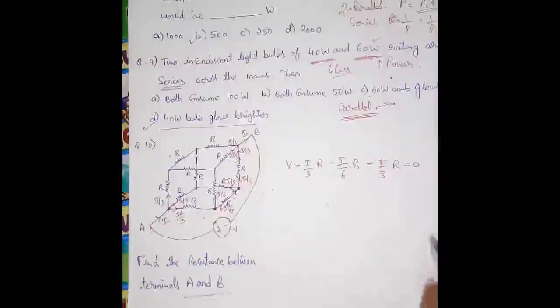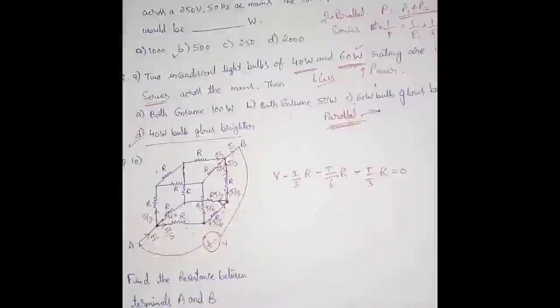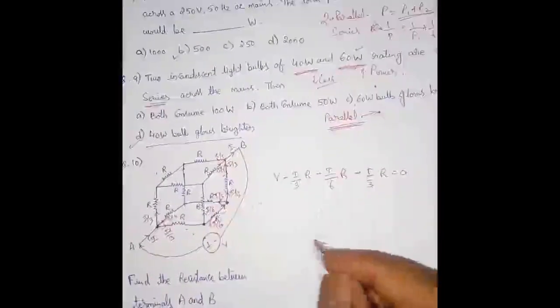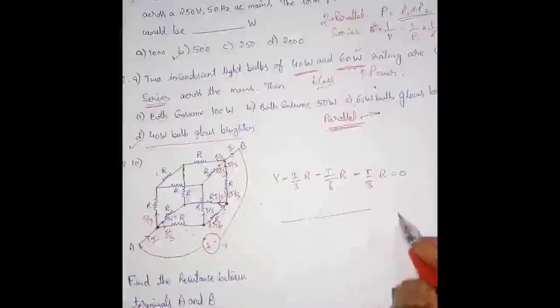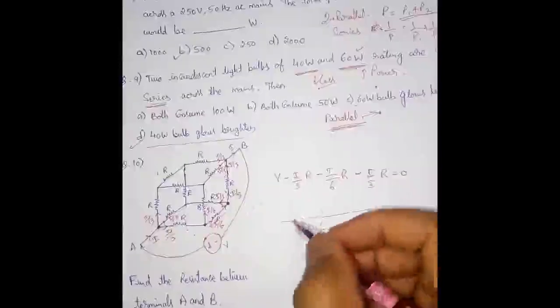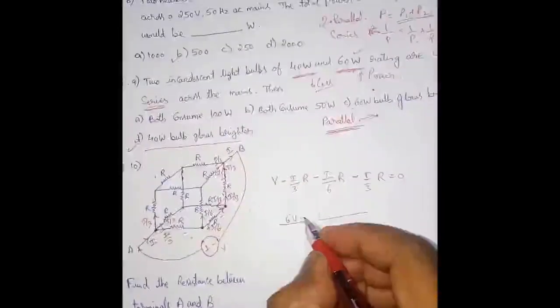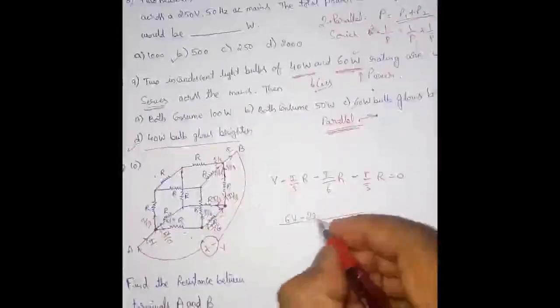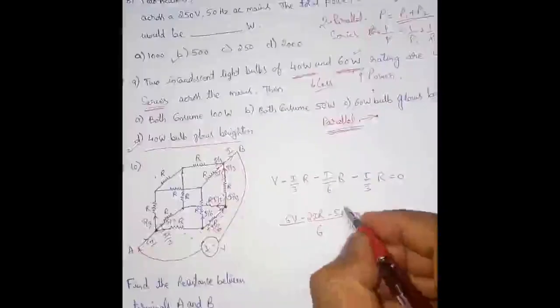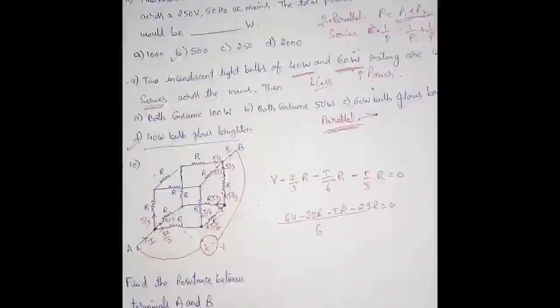After getting this, if we simplify this expression, we get V, I and R as parameters, right? If I take an LCM, we definitely get the LCM as 6. So this is going to be 6V minus 2IR minus IR minus 2IR equal to 0.